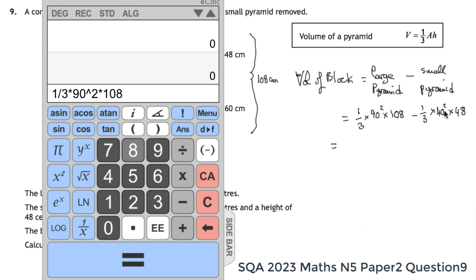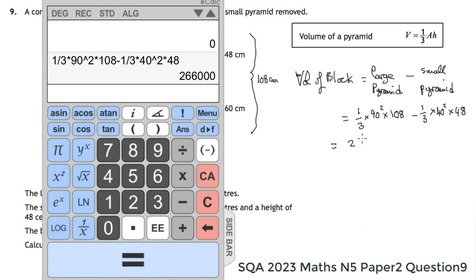That's fine. And we have to subtract. We can do this calculation all in one. 1/3 again, that's 1 divided by 3, times 40 squared again, there's the squared button, times 48 this time. And there's our final answer.